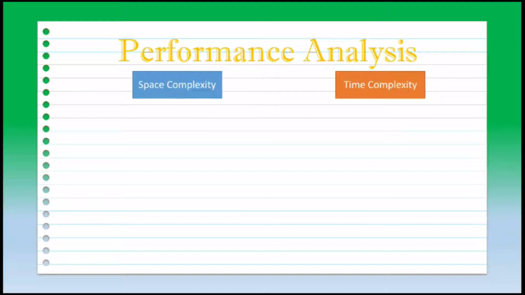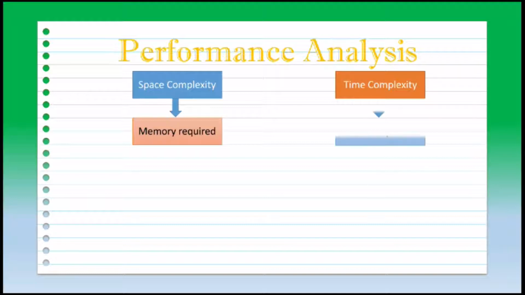Space complexity of an algorithm is the amount of memory it needs to execute the algorithm. So when we create any algorithm, depending on how much memory it requires, the space complexity is calculated.